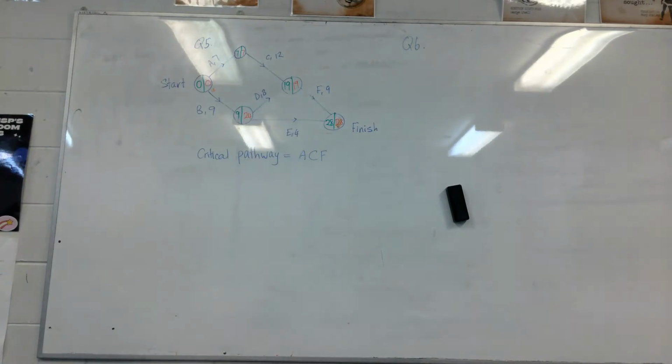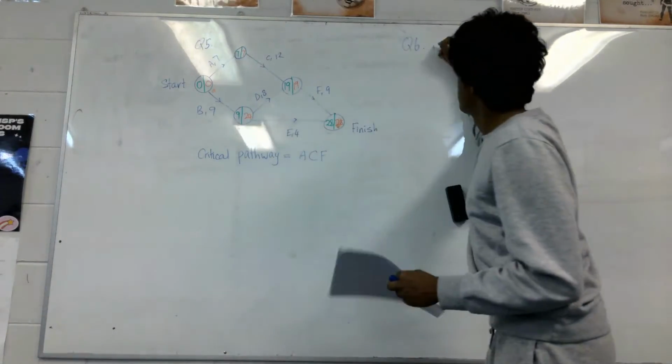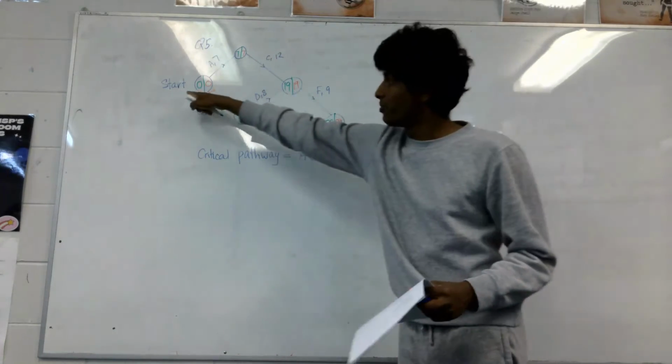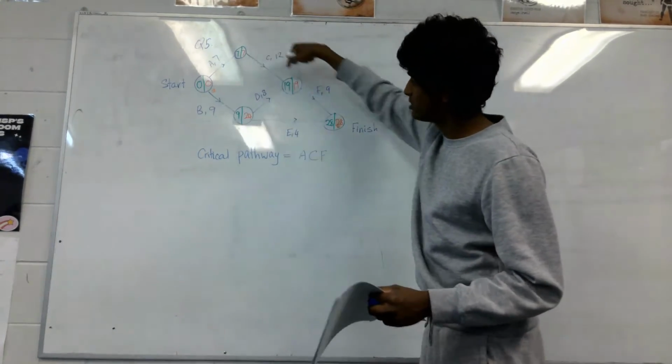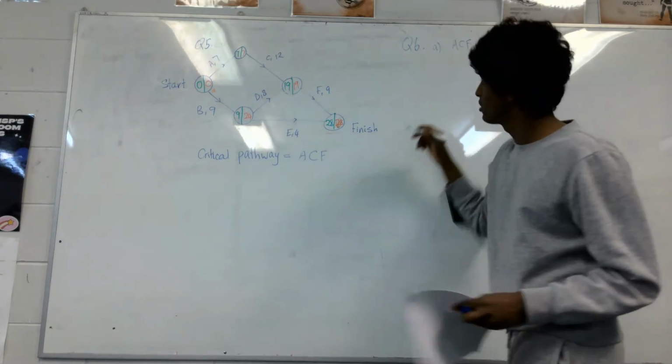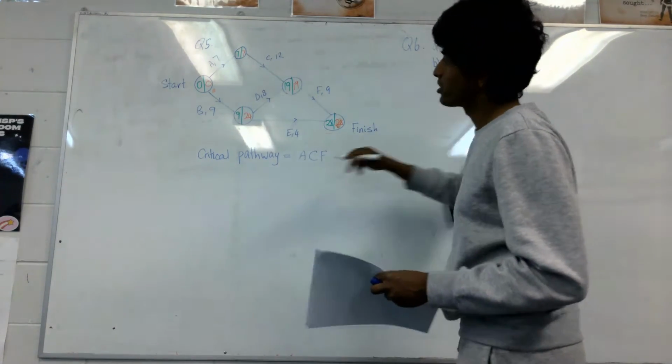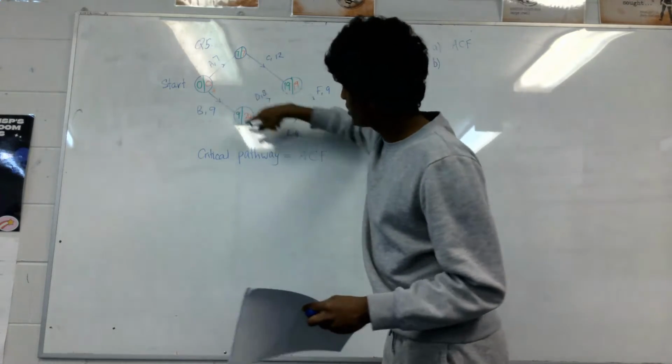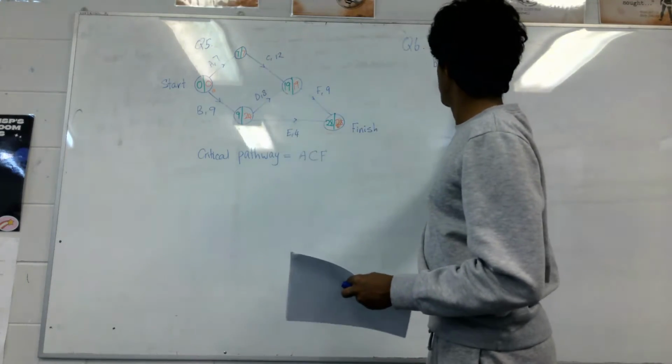So all the pathways that I can get from start to finish, and then determine the shortest route. So we can go A, C, F, that's one route. We can go B, E, that's another route.